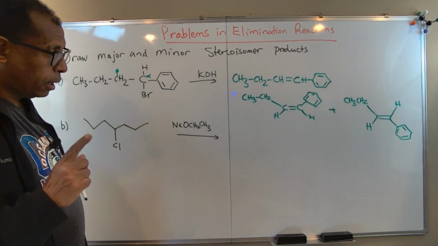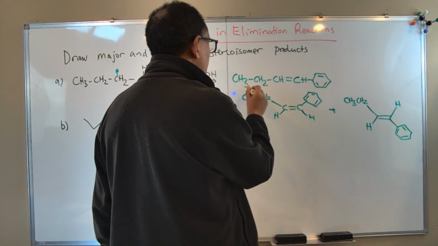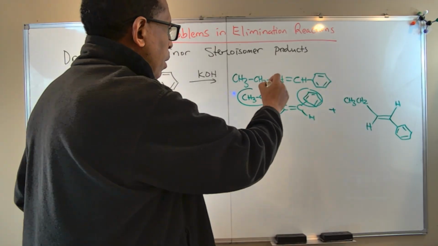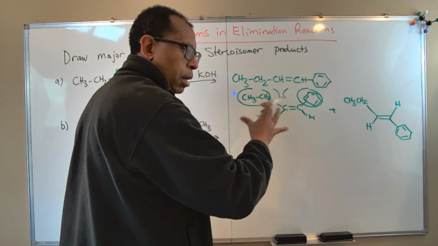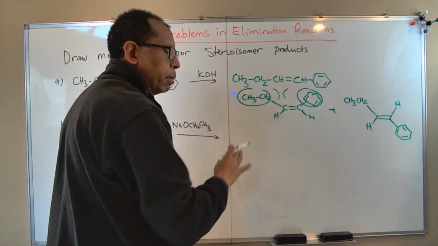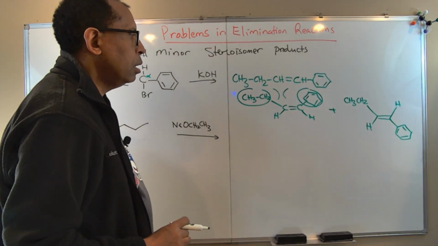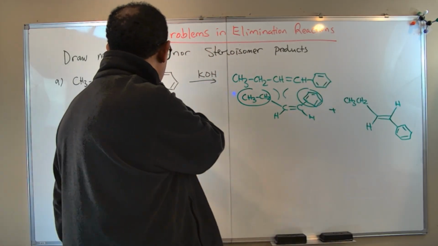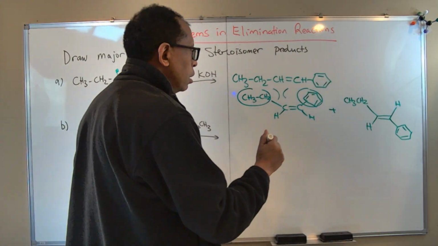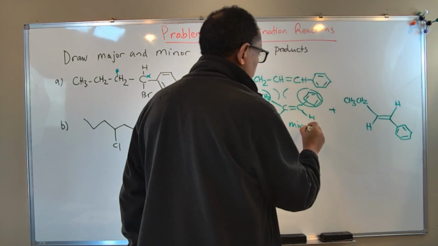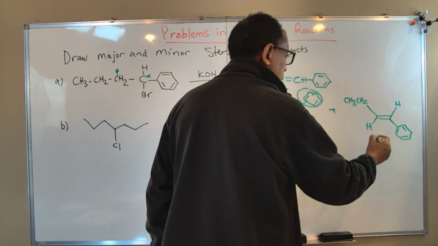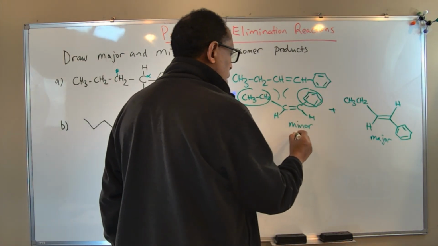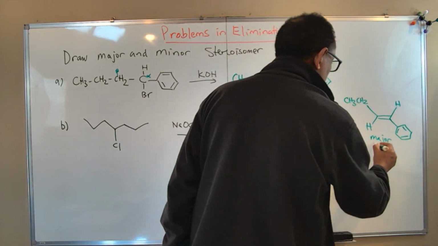We have said that if you have two bulky groups on the same side, there is always a steric clash between these two bulky groups. So this would not be a major product. If you are just randomly reacting, this would be minor. The major is the trans compound. So this is cis, this is trans.